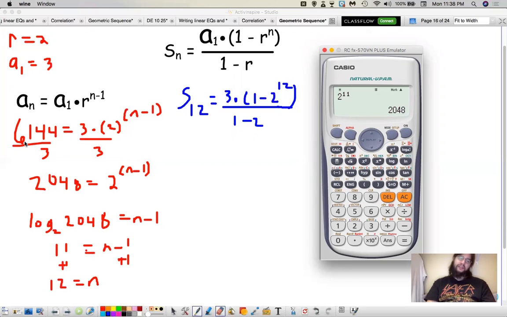I'm expecting something kind of big, tens of thousands, maybe. Let's see. 1 minus 2 raised to the 12th power over 1 minus 2, 12,285.